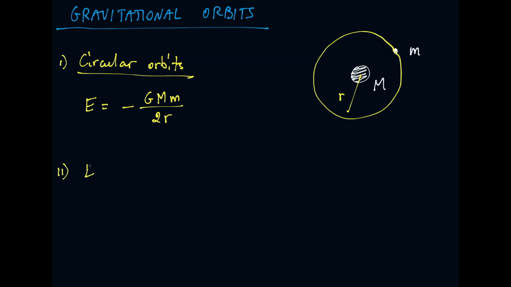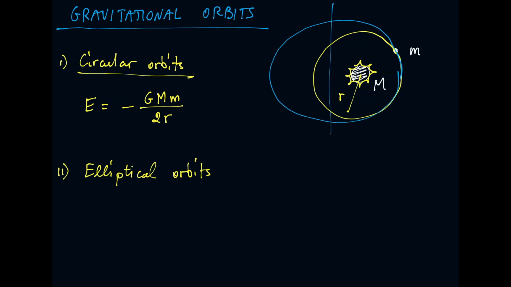Secondly, we talked about elliptical orbits, where the sun doesn't lie at the center of the ellipse, but at one focus of the ellipse. So something maybe more similar to this in shape, right?